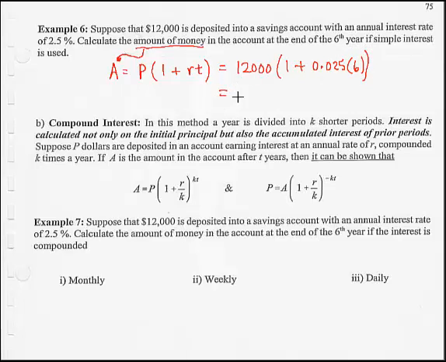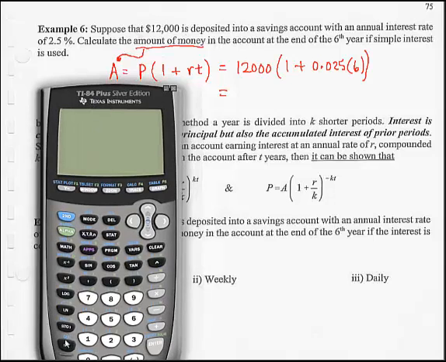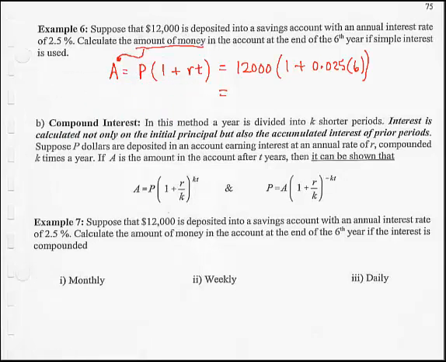And at this point it is calculator time. $12,000 times 1 plus 0.025 times 6, parentheses, enter, $13,800.